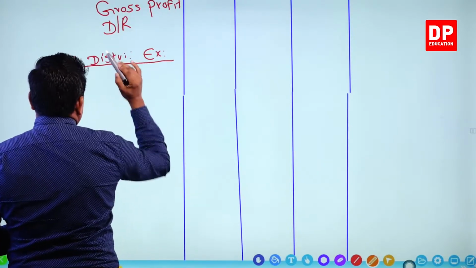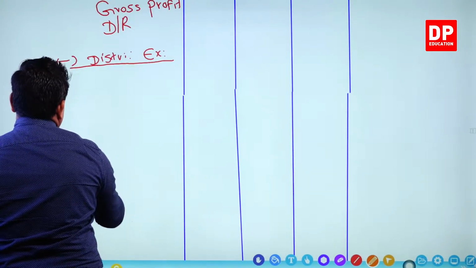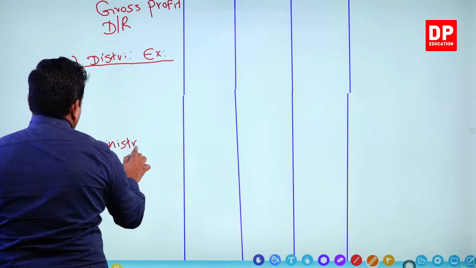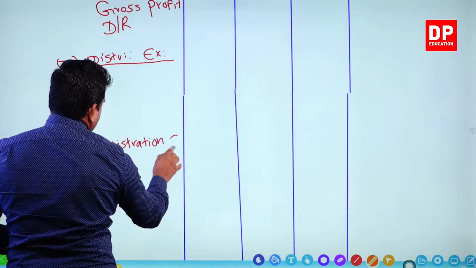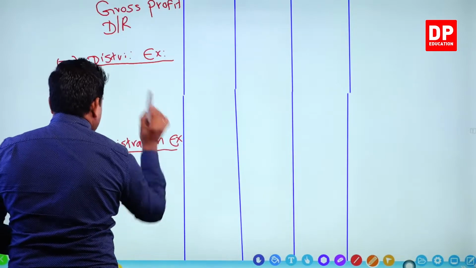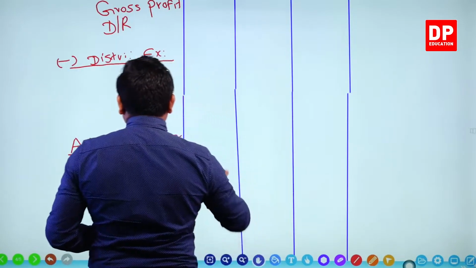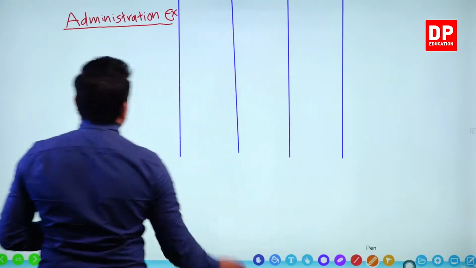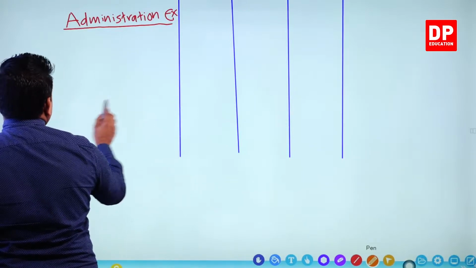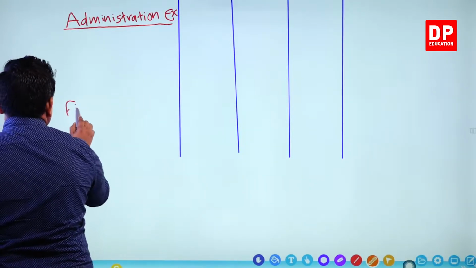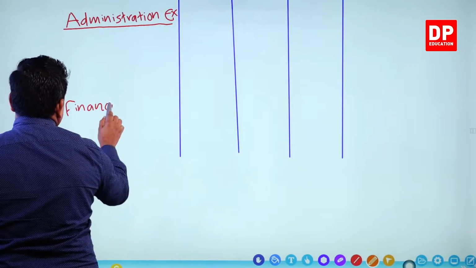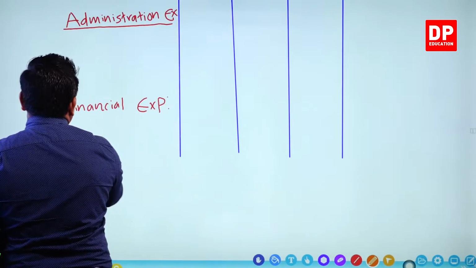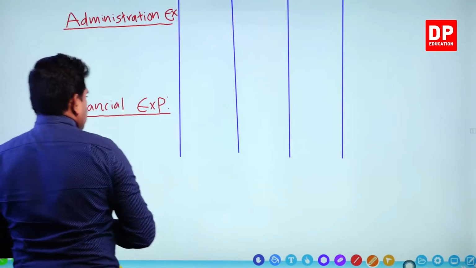Then you give space. Then administration expense. You give enough space to write administration expenses. Finally we write financial expense. Finally financial, easy to remember. Then you can keep this format.